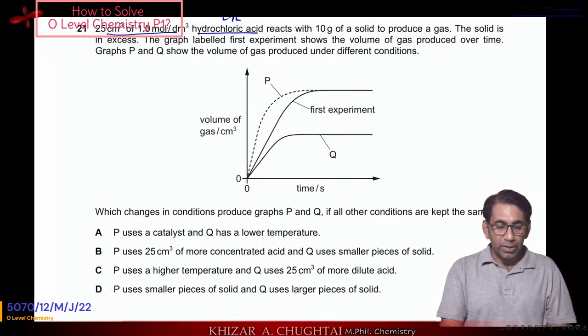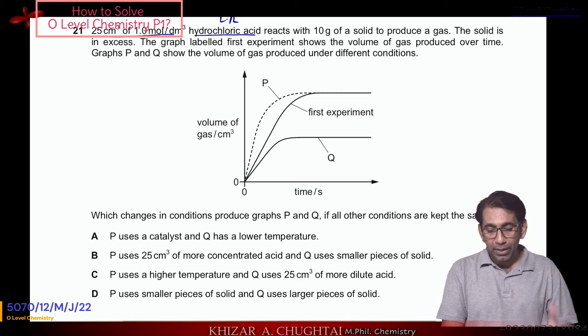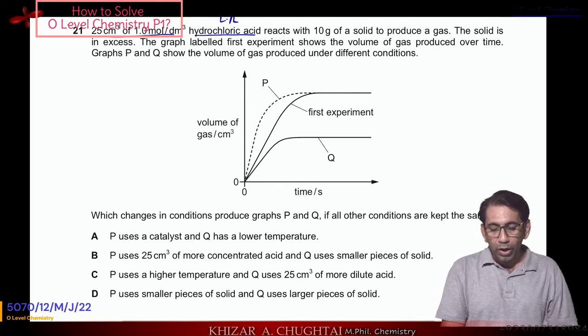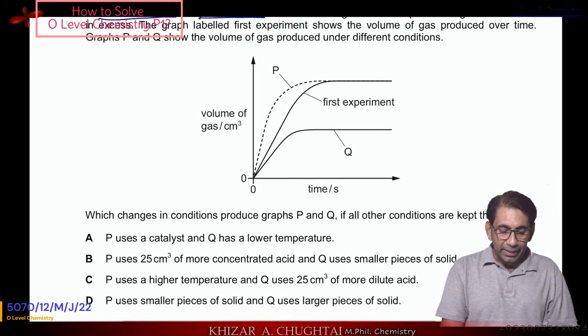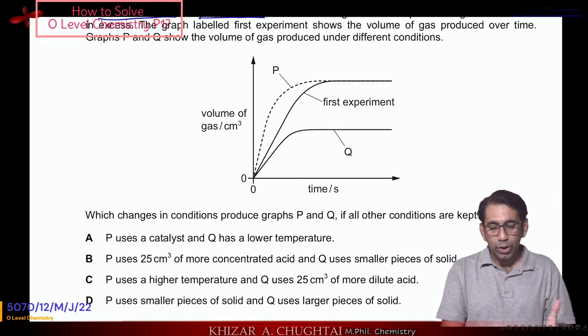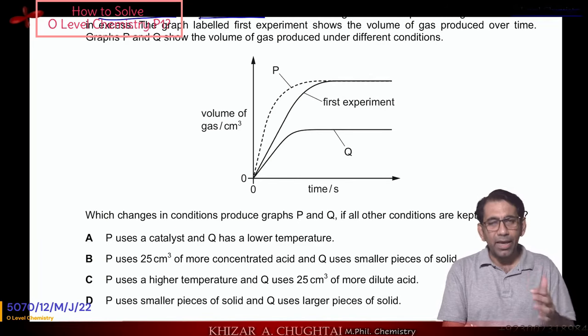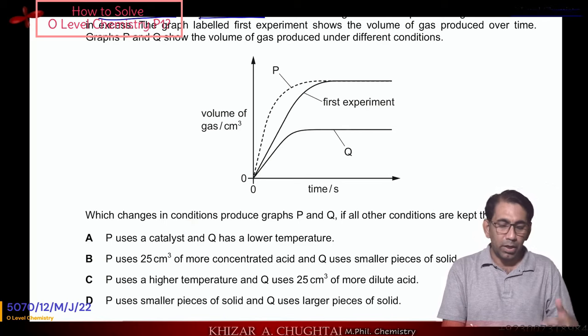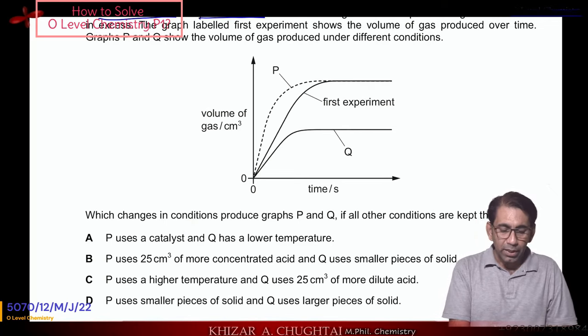Now come towards the question options. Which changes in condition produce the graph P and Q if all other conditions are kept the same? Option A: P uses a catalyst and Q has lower temperature. The first part may be correct, it may be in the presence of a catalyst. Yes, it can be true, but Q has a lower temperature is incorrect.